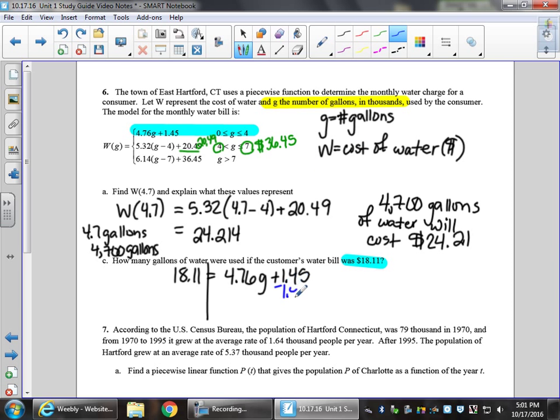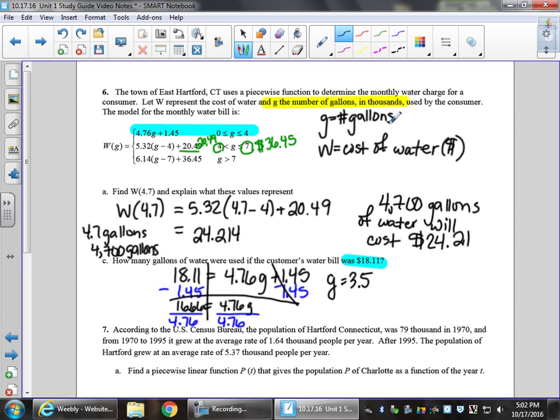So I'll subtract 1.45, subtract 1.45, 18.11 minus 1.45, 16.66. Divide by 4.76. I got 3.5. G equals 3.5. But we know we're not done because, again, G is in thousands.